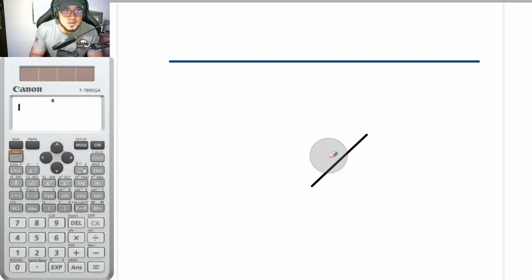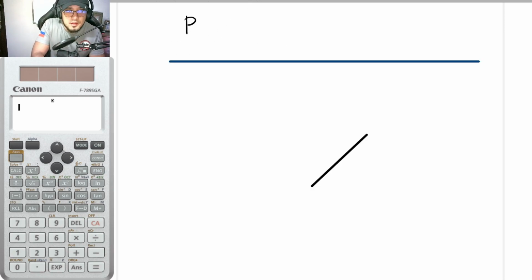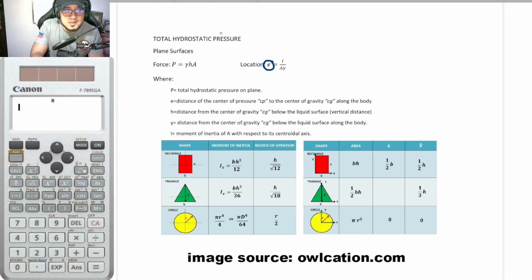Since this is the side view, we have plenty of parameters that we should take into consideration. For this particular formula, where P is equal to gamma bar HA, as defined here, h bar is the distance from the center of gravity below the liquid surface.